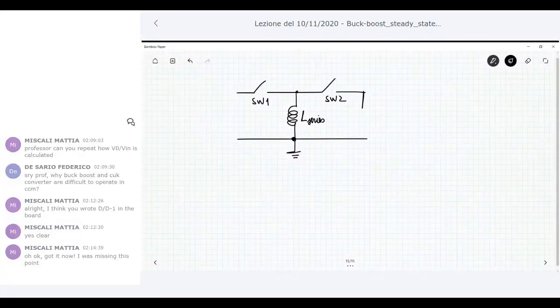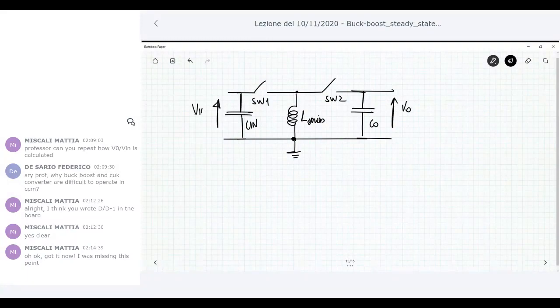Let's say switch 1 and switch 2. V naught and V in are always here. Okay. These two switches are operated in a complementary way. So when switch 1 is closed, the other one is open, and the opposite is also true.